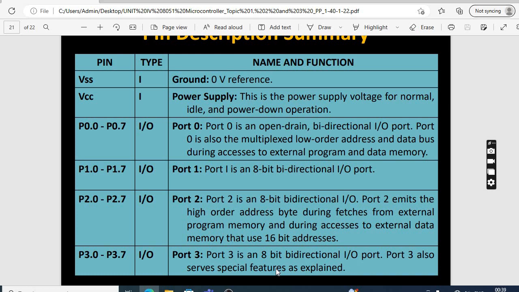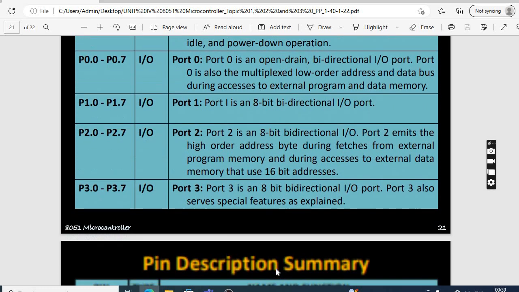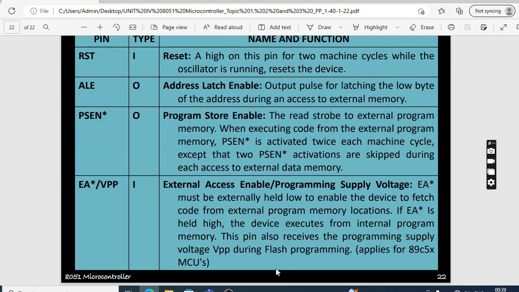Port P2 is meant for accessing external data memory, whereas port P3 is meant for both bidirectional IO as well as special features, which were explained. The EA pin and ALE have a specific combination of this data.